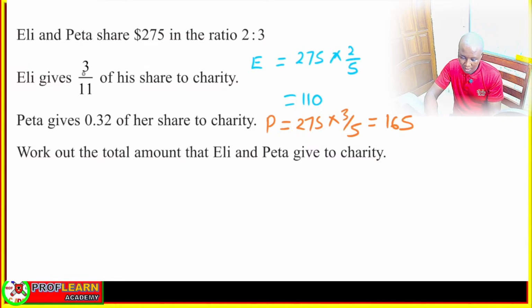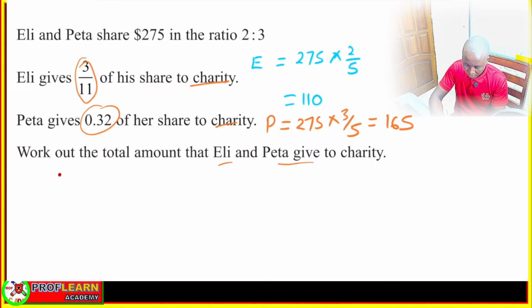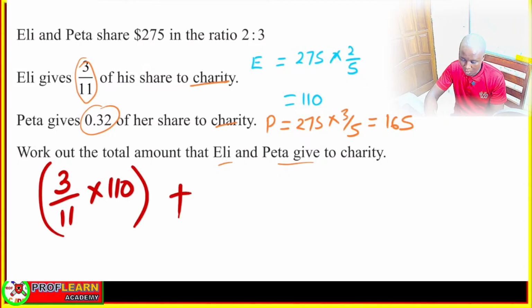Now, Ellie gives 3 over 11 of his share to charity. Peter gives 0.32 to charity. Work out the total amount Ellie and Peter give to charity. So their contribution towards charity is going to be, for Ellie, 3 over 11 times 110. Then we shall add what Peter contributes, which is basically 0.32 times the 165 amount.